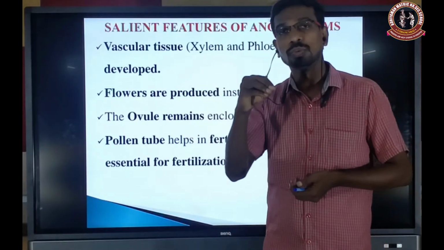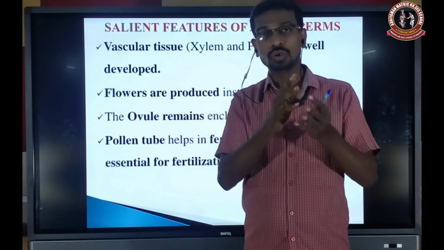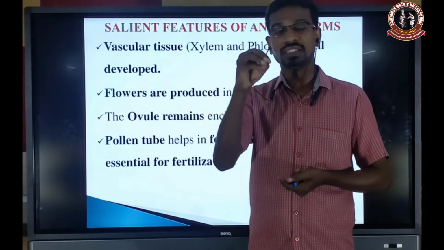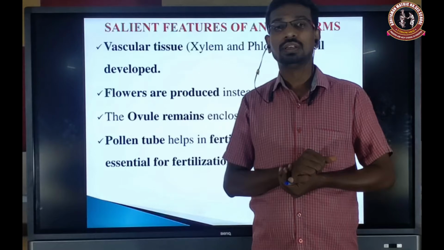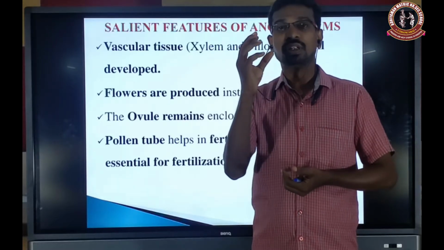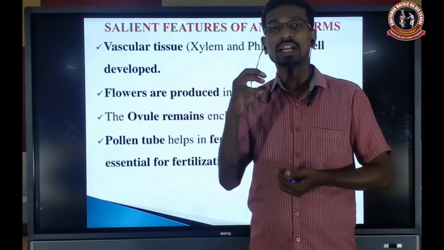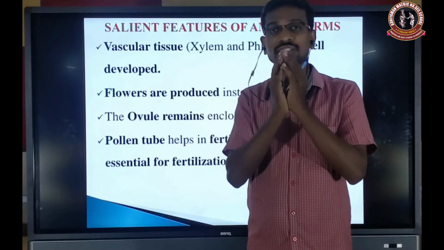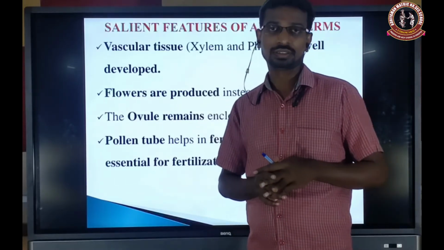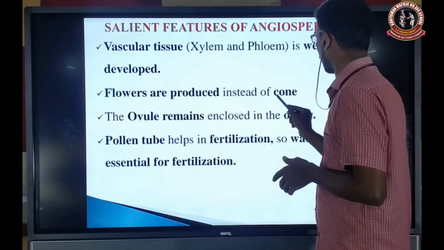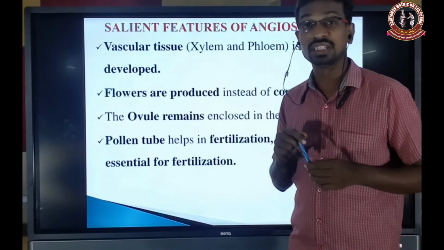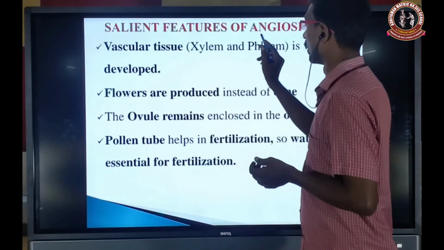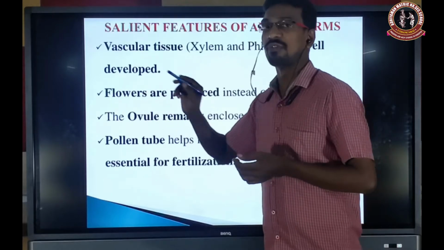The microsporophyll means the male cone, and the megasporophyll is the female. The collection of microsporophylls and megasporophylls forms a cone-like structure. But this cone-like structure is not present in angiosperm. Instead of that, individual flowers are formed.